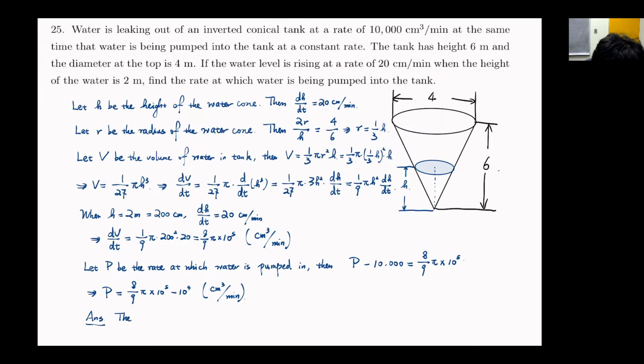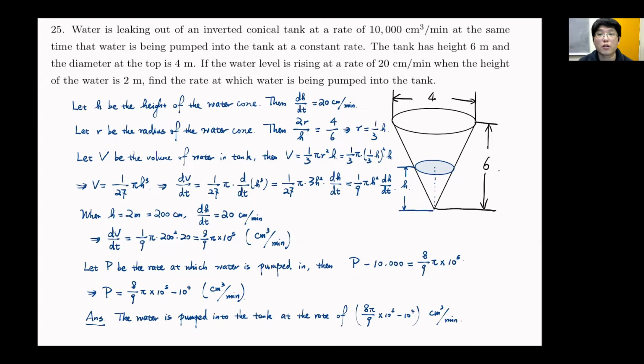So the water is pumped into the tank at the rate of 8 pi over 9 times 10 to the 5th minus 10 to the 4th cubic centimeters per minute. All right, so that will finish this problem.